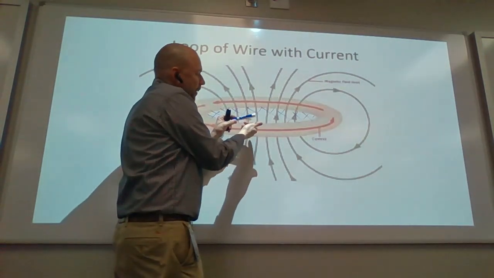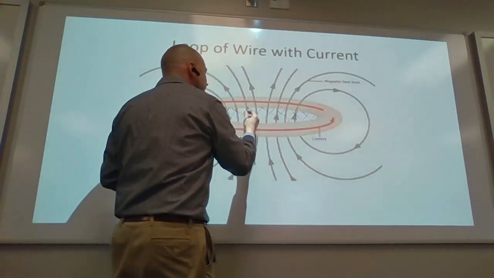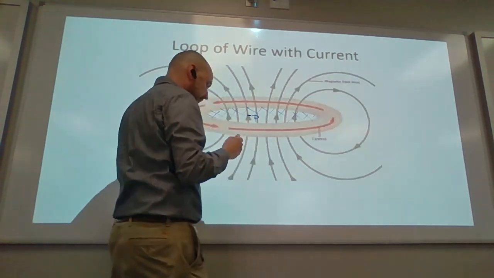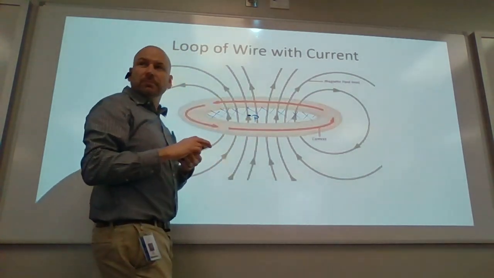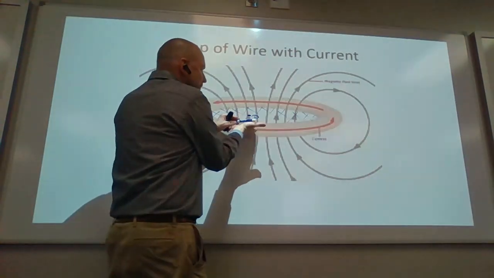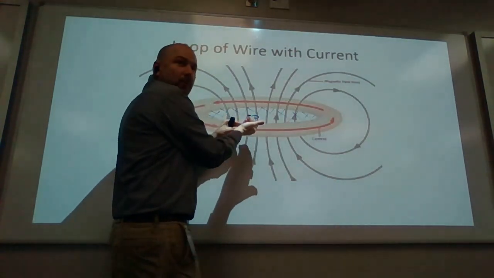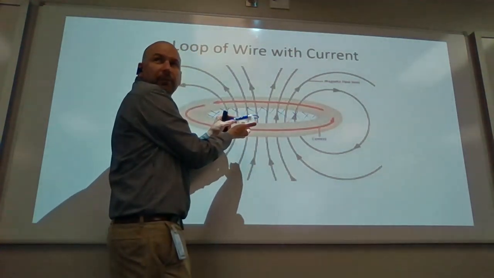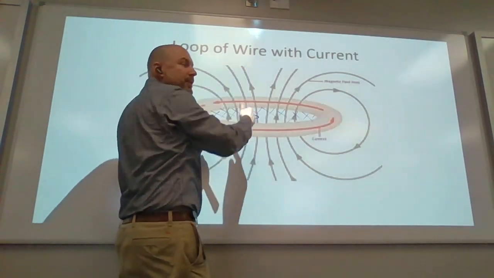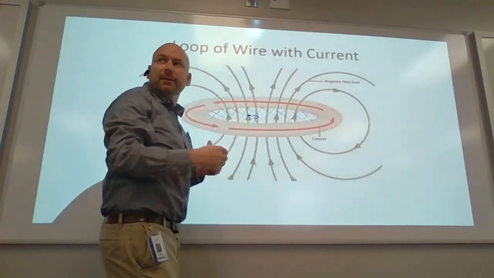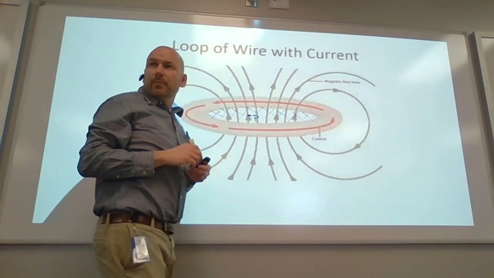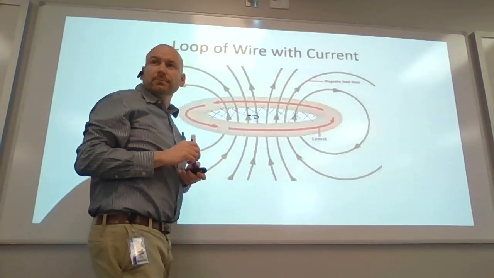My point P is here inside the loop. I'm going to let my tennis ball go at point P. Which way is it going to fly? Up. That is the direction of the magnetic field inside the loop of wire. You all right with that?